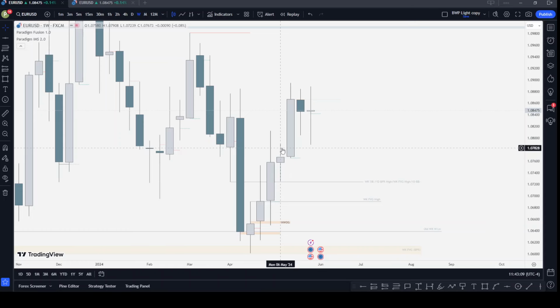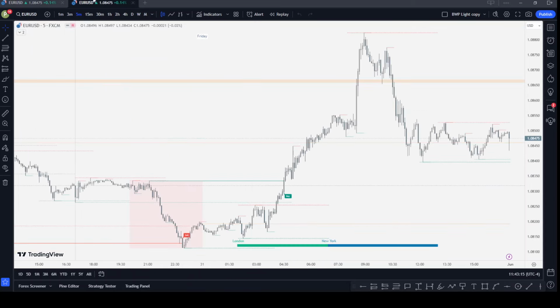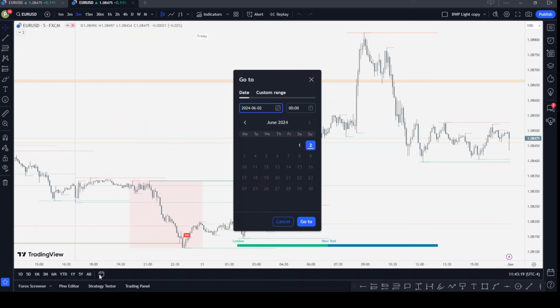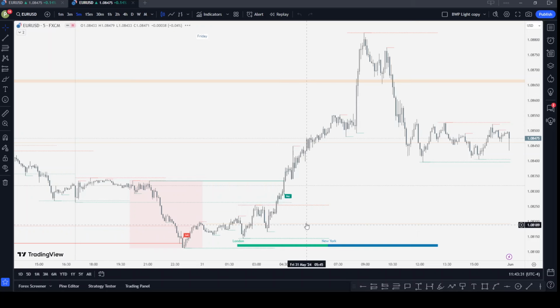Tradingview only provides data as far back as about a month on the low time frame. So on this 5 minute time frame, I can only go back as far as 1 month. Today is the 6th, today is the 2nd. I should be able to see price action. Let me go back in time.